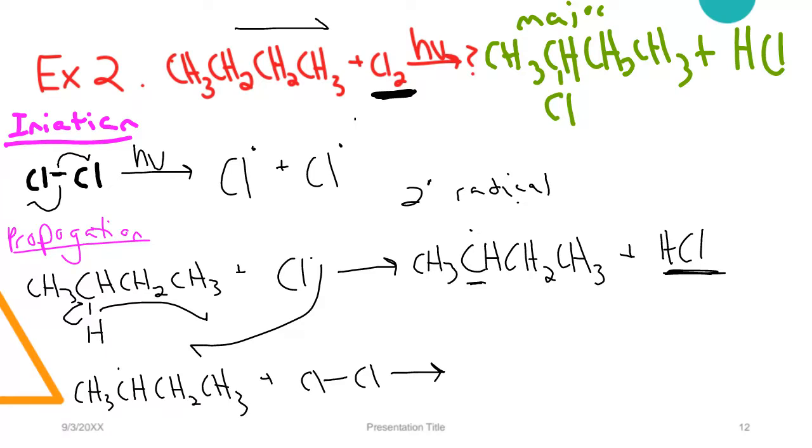This single electron goes between here to form a carbon chlorine bond. One of those electrons from the chlorine to chlorine bond also goes in between here to make the carbon chlorine bond, because I need 2 electrons to form a bond. And this other electron from this bond will go to reform chlorine radical there.